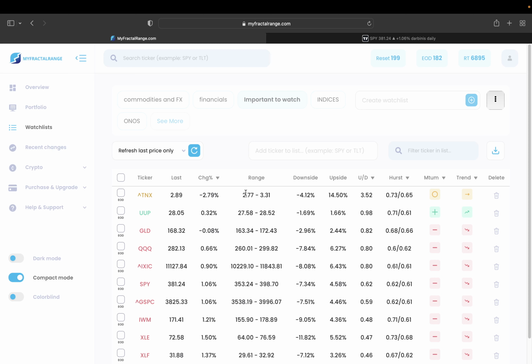But if I had, I would think about reducing the positions, or at least not adding to the bond trade here, because there is a high probability that rates will reverse, at least in the short term.